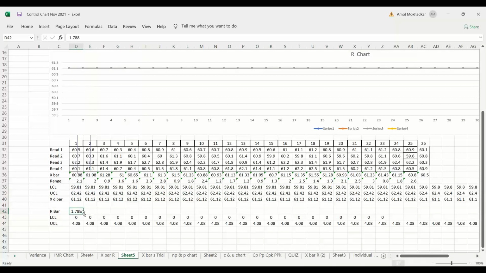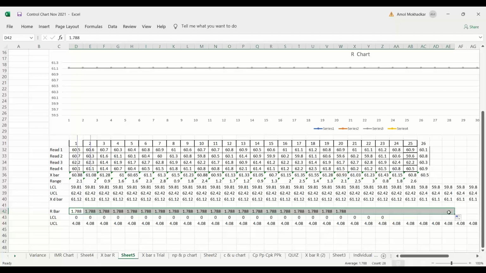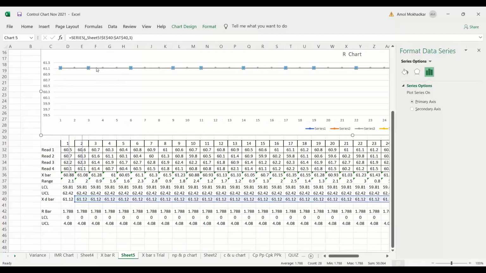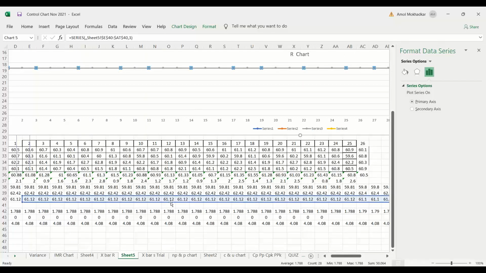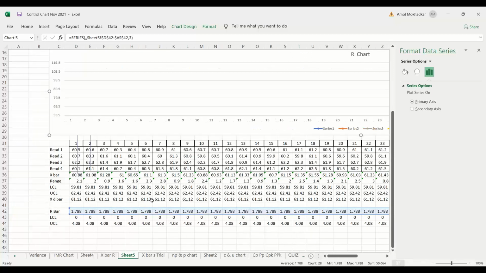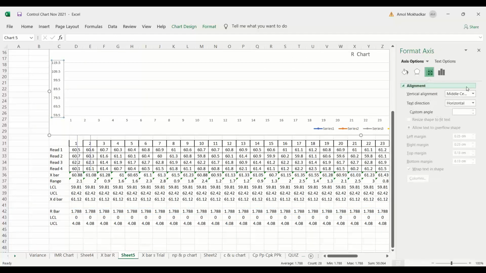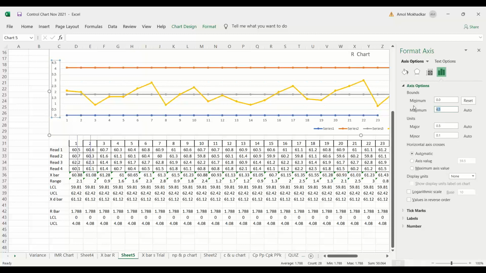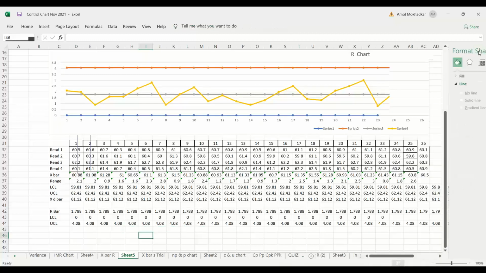so this is 1.788. This is basically 1.788. Now you must be thinking why it is not coming. It is because of the values. Here it will start with 0 and maximum is 4.5. Automatically the graph is prepared.